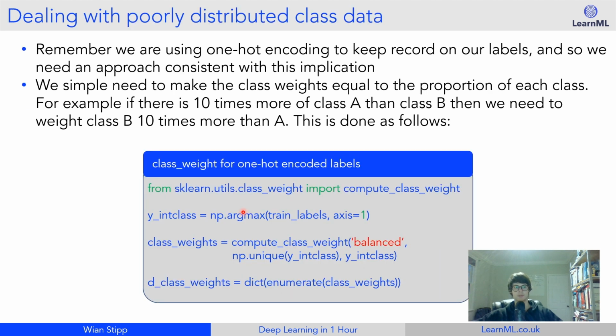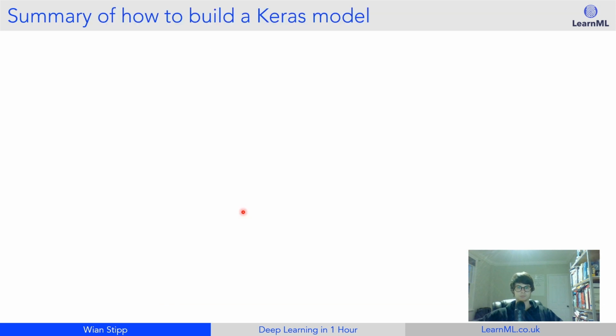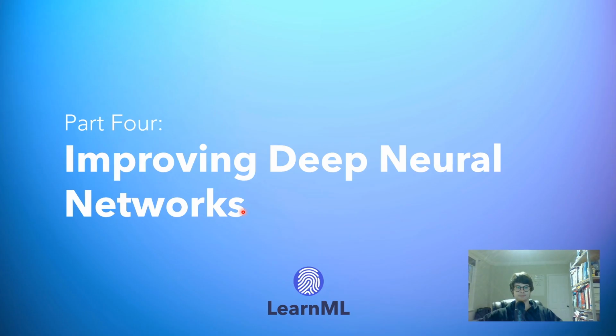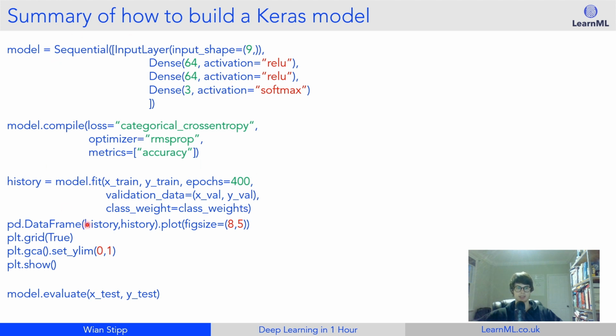If you don't deal with this problem, your model will just predict the class that has more examples in. If class A has 95% of the data, your model will just predict class A for everything and still get 95% accuracy. Okay, yeah, this is just a summary. This is the entire Keras model right here, including compiling and fitting and evaluating.